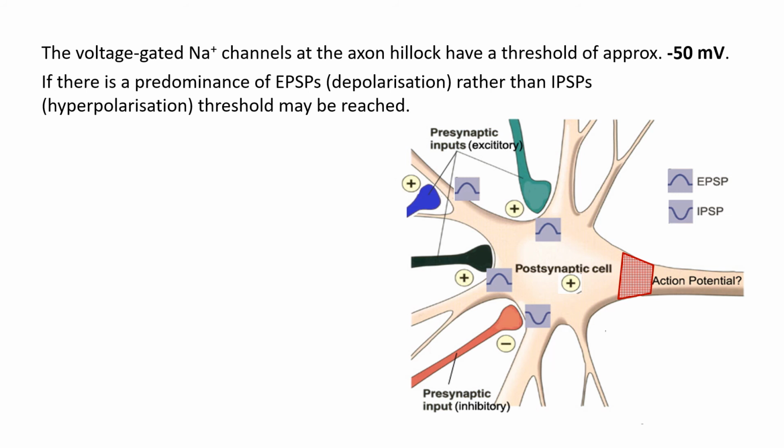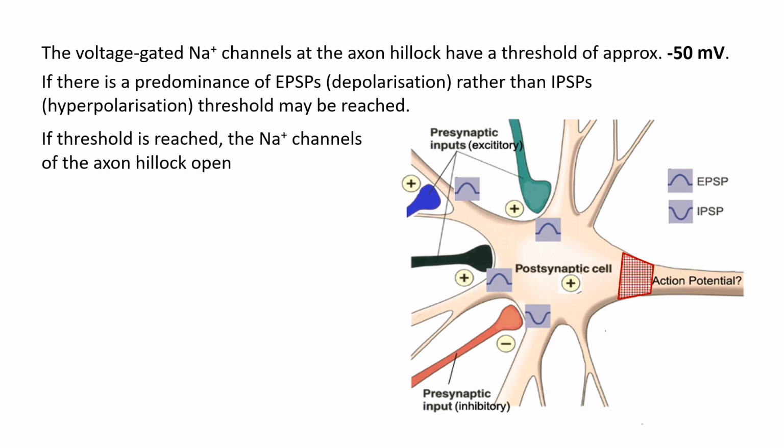So to reach that threshold, we need a predominance of EPSPs. So we need a predominance of depolarization in the soma, as opposed to IPSPs, hyperpolarization. If we have a predominance of depolarization, then that threshold at the axon hillock may be reached.